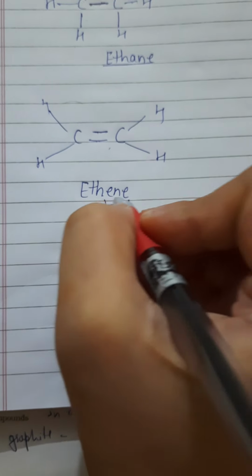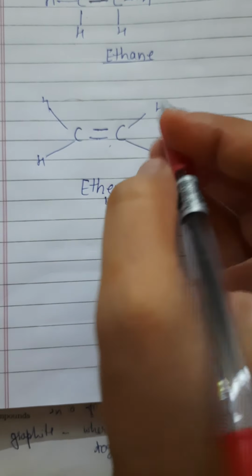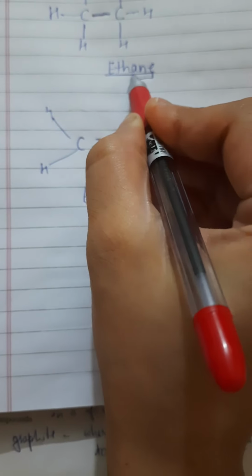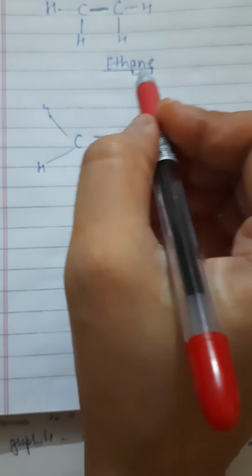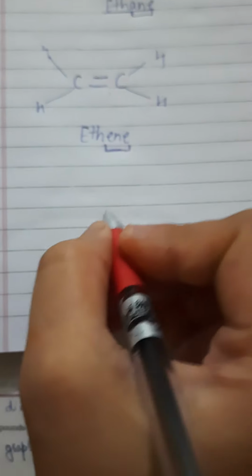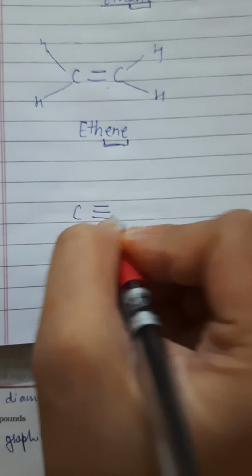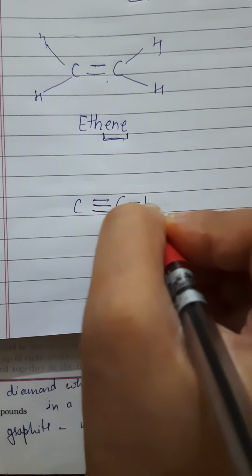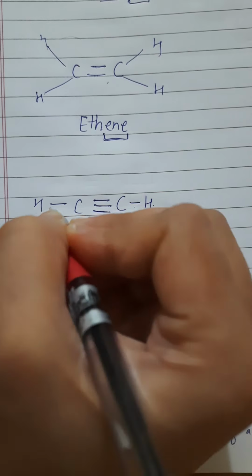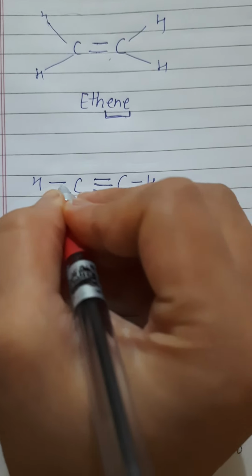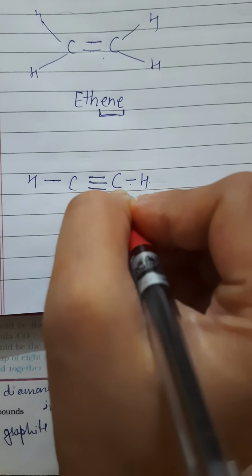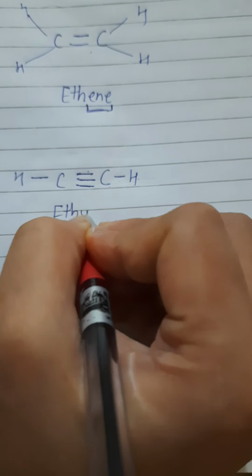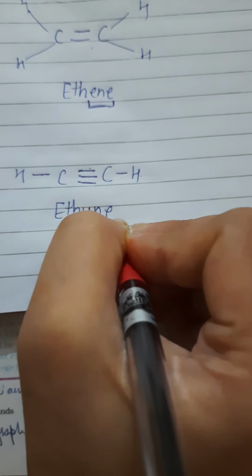Ene is used here, and when it is a single bond, ane is used. When it is a triple bond, each carbon has 1 hydrogen, making a total of 4 bonds for each carbon. It is known as ethyne. When a triple bond is there, yne is used.